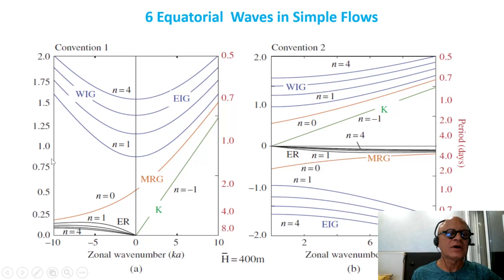We had the equatorial Rossby waves, Kelvin waves, and the mixed Rossby gravity wave straddling this point here, which at low frequencies becomes dispersive, and then at very low frequencies begins to behave like Rossby waves. And then we have the eastward and westward inertial gravity waves.